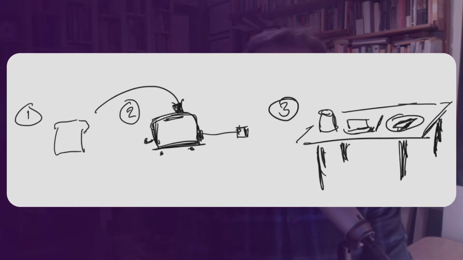Okay, welcome back. You should by now have drawn your toast, and most people have something which looks a little bit like this. Some people just draw their final piece of toast on the plate. Others will number and connect their toast making process with arrows.